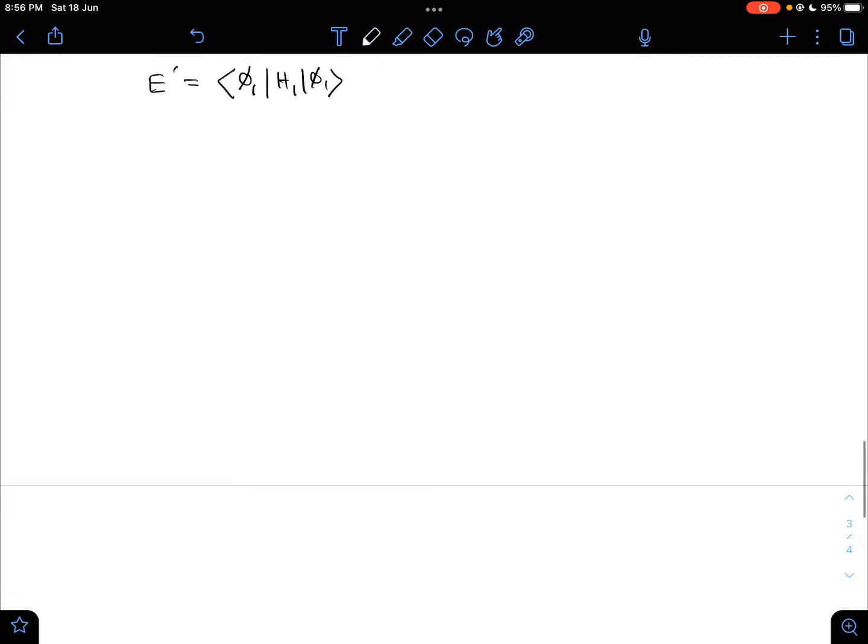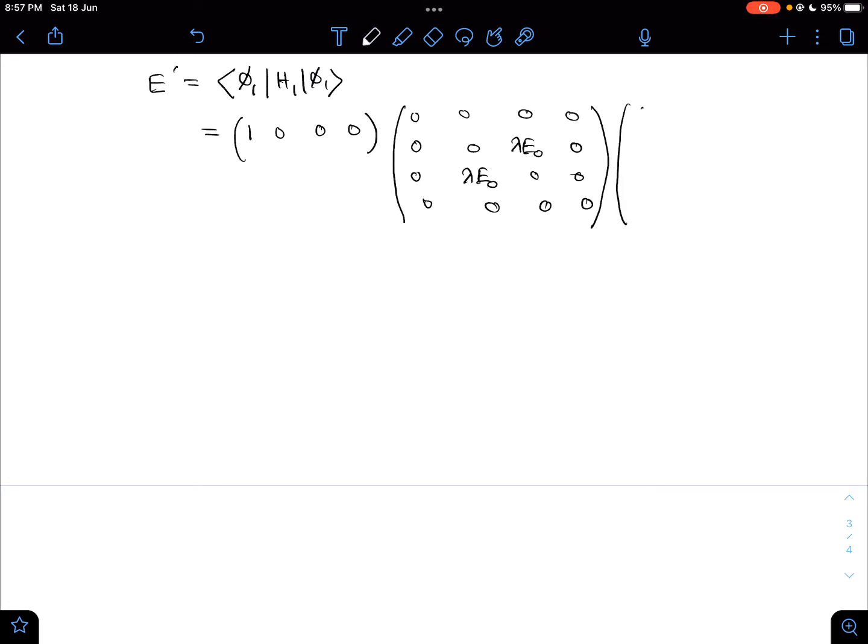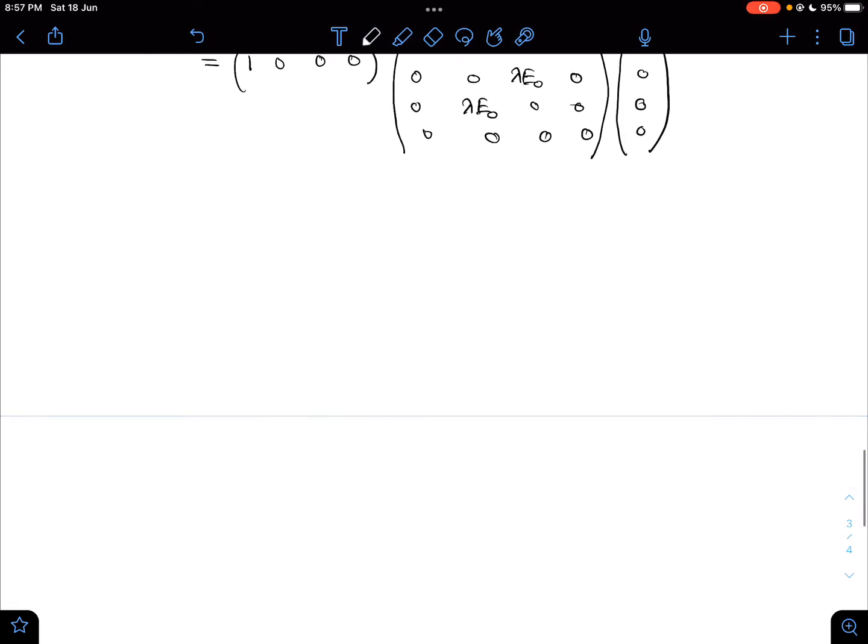It will be 1 0 0 0, and here we have the matrix, and we have another state which is 1 0 0 0. So we have to calculate the value.